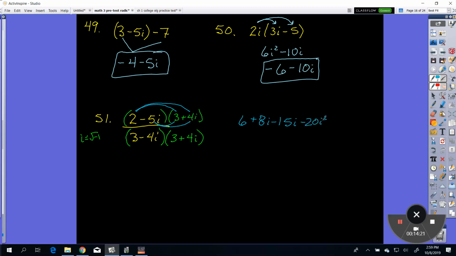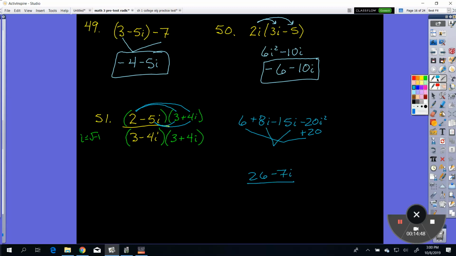But remember, this i squared just comes out and attacks this negative and makes it turn into a positive. So that gets rid of the i squared. So see, the i squared is gone. The negative is now positive. So 6 plus 20 is 26. 8i minus 15i is negative 7i. So that's the top part of this.